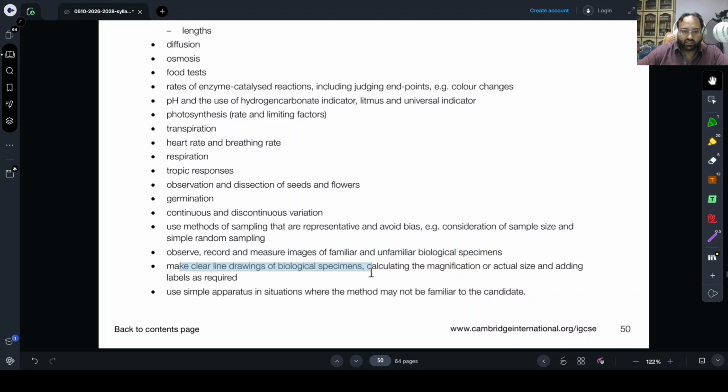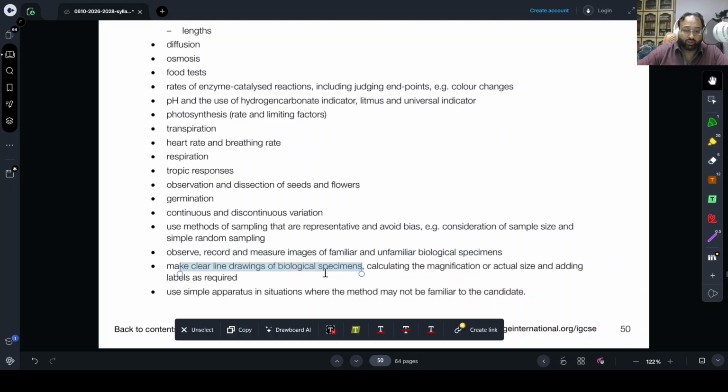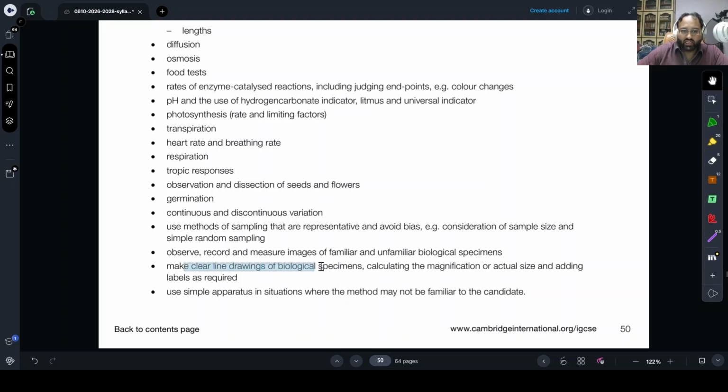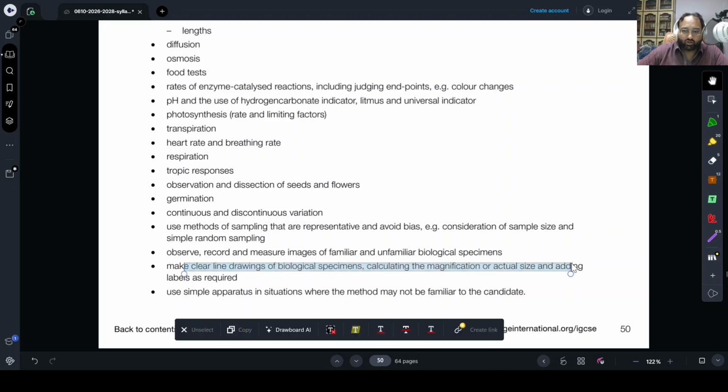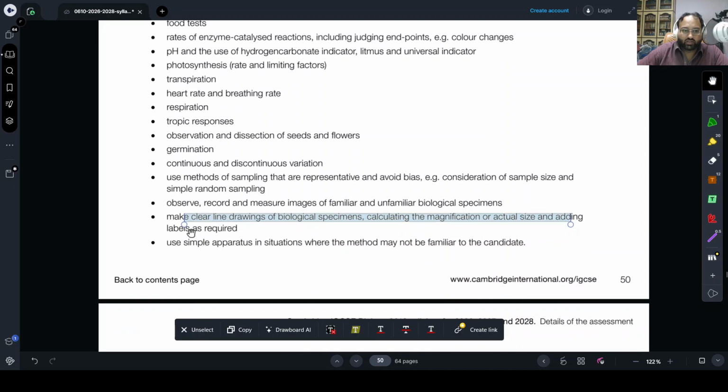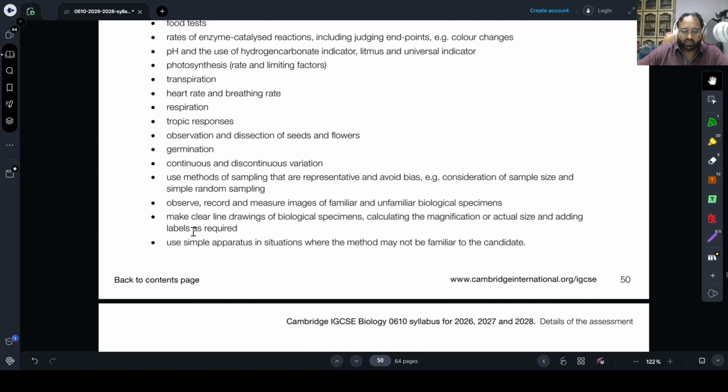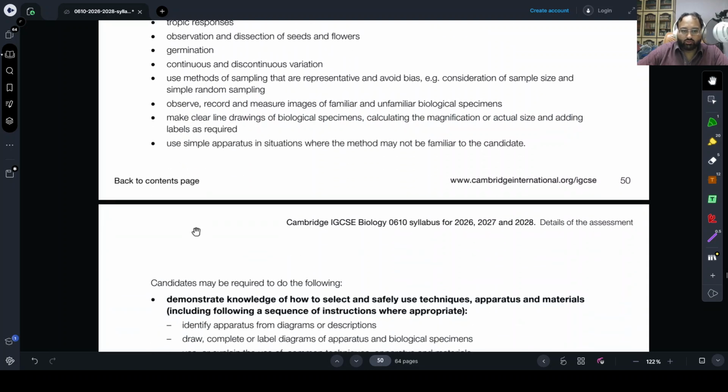Make clear drawings, so that's a skill you need to have. You need to be good at making sketches, not detailed ones, just clear line drawings of biological specimens, calculating the magnification or actual size, and labeling them. This is all stuff that you will be taught.